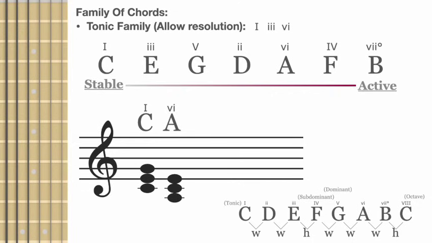I'll talk about the third here in a minute, but we have our 6, which is our A. And you'll notice that the A has 2 notes that are identical to our C, right? And in the A, it's that middle dot and the top dot, which align to the bottom and middle dot of our C. So we have a lot of tonal flavoring there that's very, very similar.